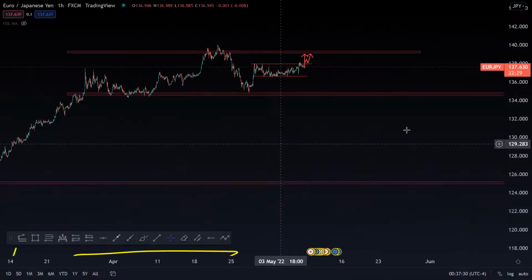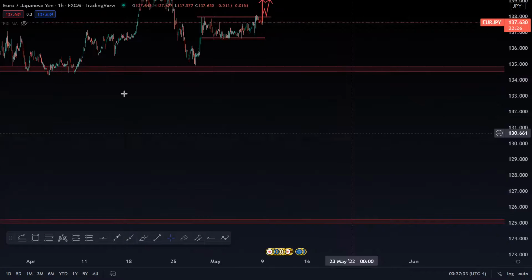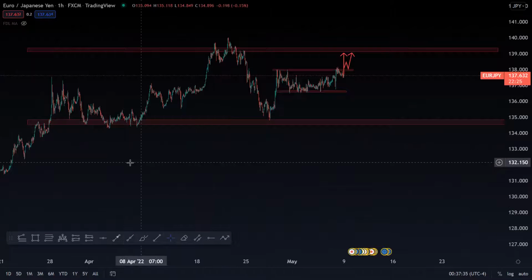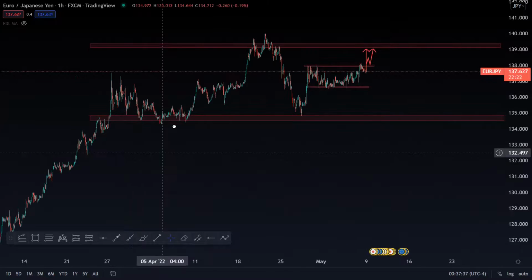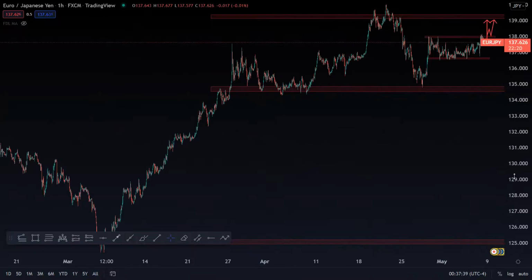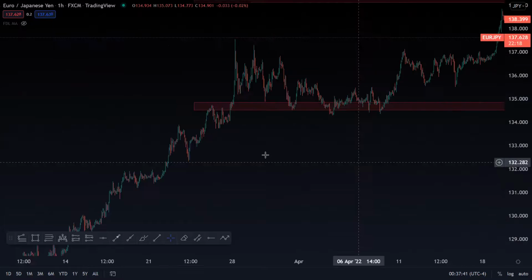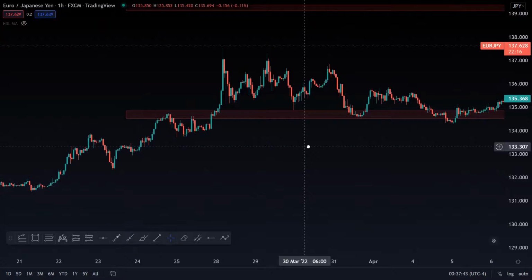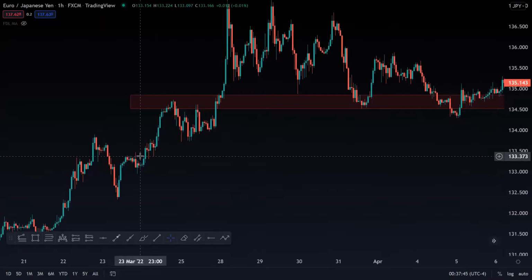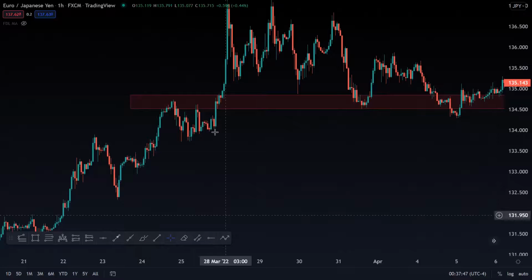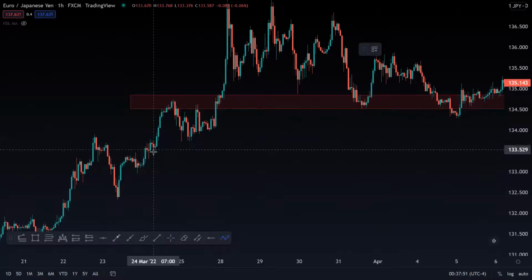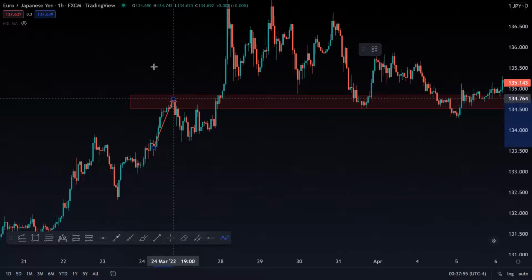Okay, so let's see what we have here. Clearly, the start of this leg here. This is the first thing that I told you, and the second thing I told you about the legs. Imagine we have this push to the upside, and this is the 1 hour time frame.